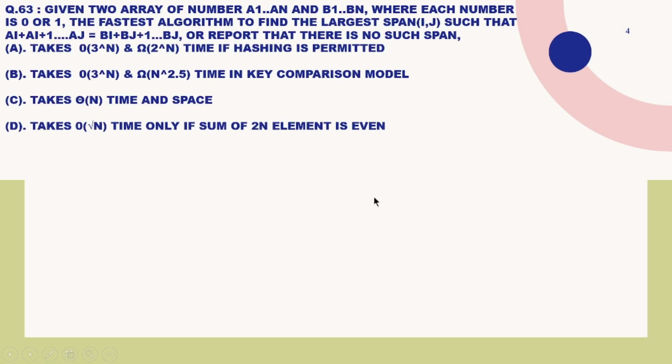Our next question: here we have two arrays where each number is either 0 or 1. The question is, what can be the fastest algorithm to find the largest span, in terms of i and j, such that a of i plus a of i plus 1 up to a of j is equal to b of i plus b of i plus 1 up to b of j?